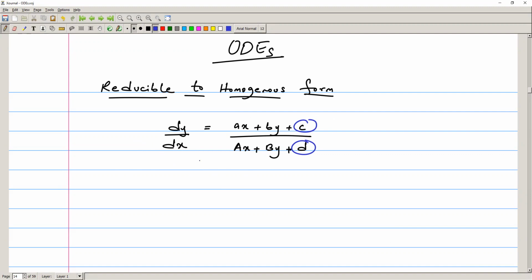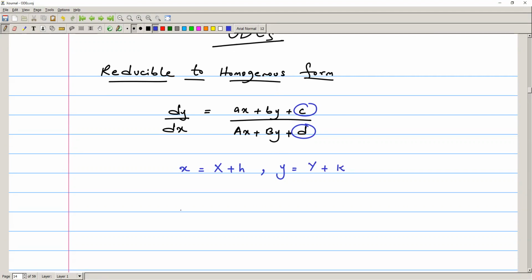But what we can do is substitute x equals X plus h, and then y equals Y plus k to eliminate these constants. So see how the method works here.